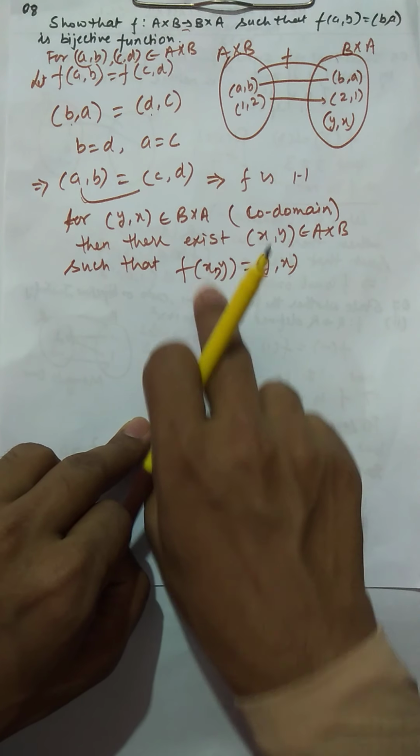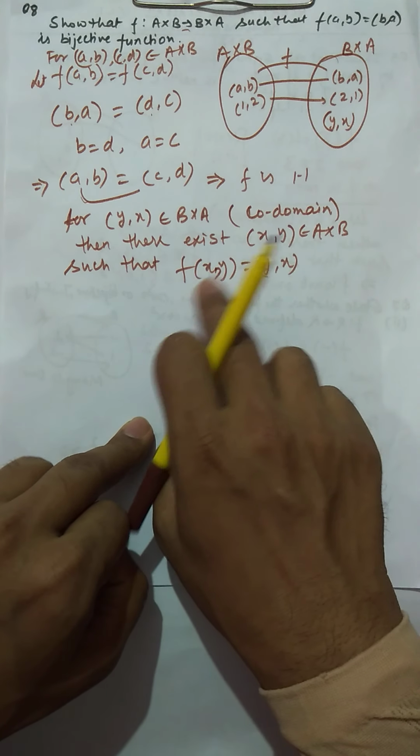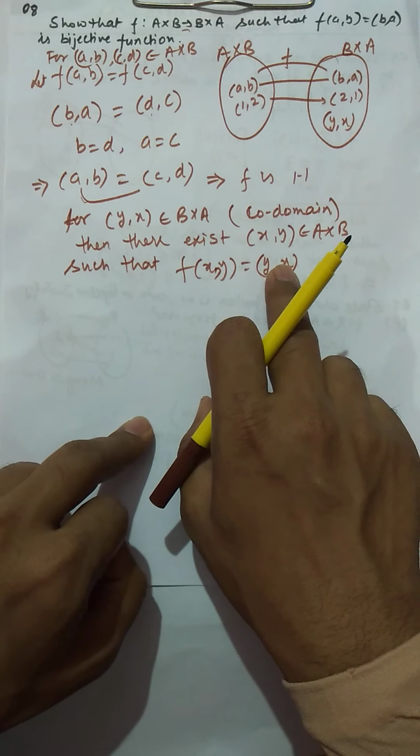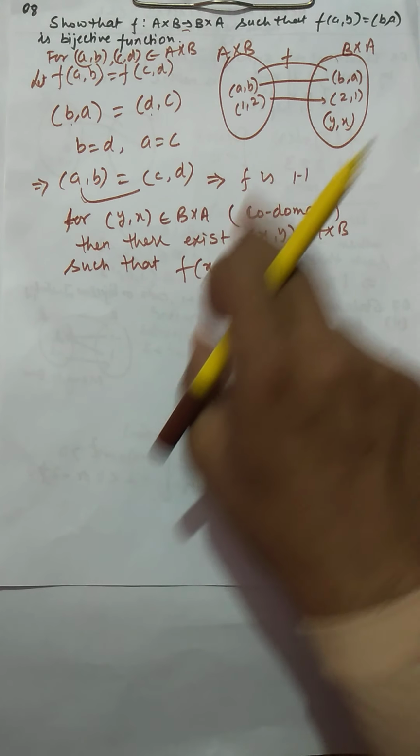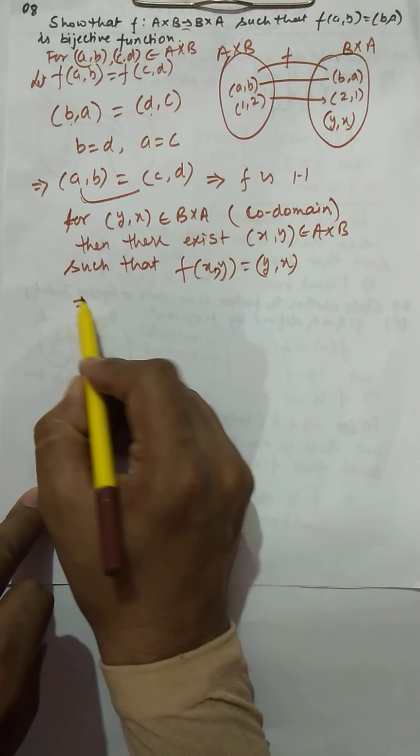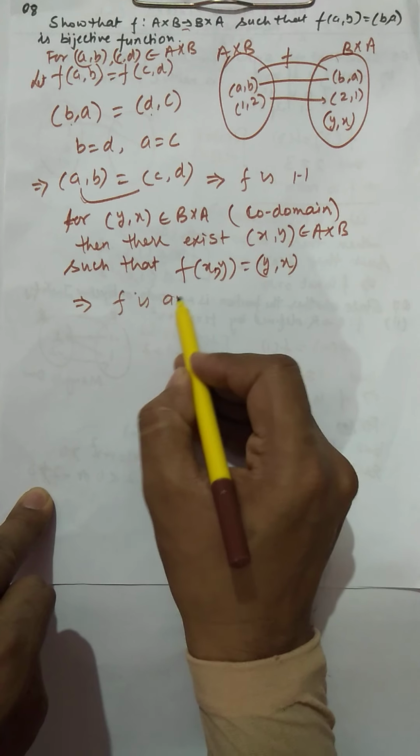You can see, according to the definition, that (x,y) maps to (y,x). So for every element of this B cross A, we have some pre-image in this domain A cross B. So here we can say that f is an onto function.